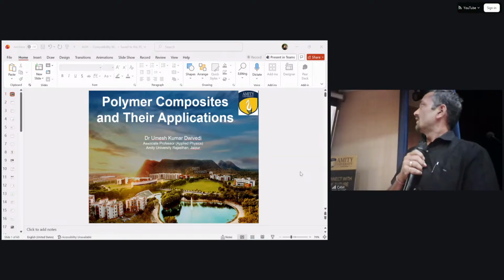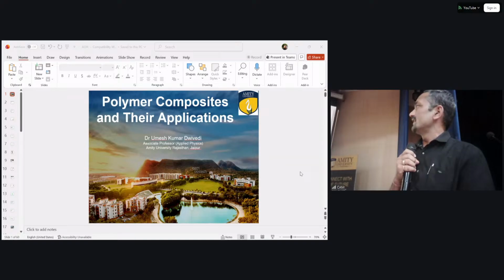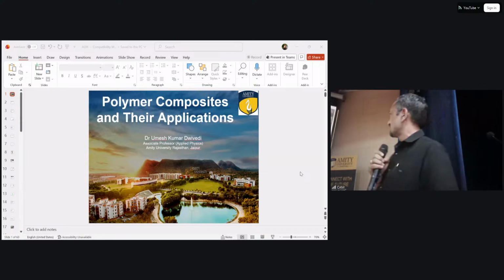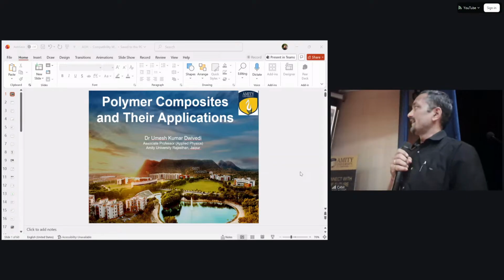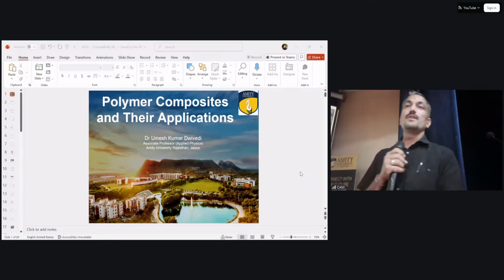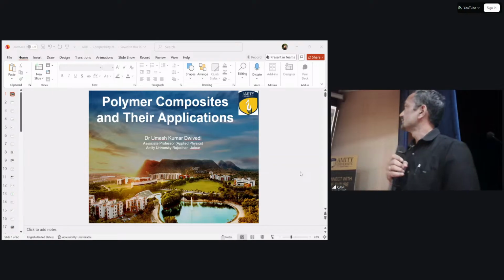You can see these waveguide gaskets, flat washers, these all are made up of polymer composites, elastomer polymer composites, and they have the property of absorbing microwaves.